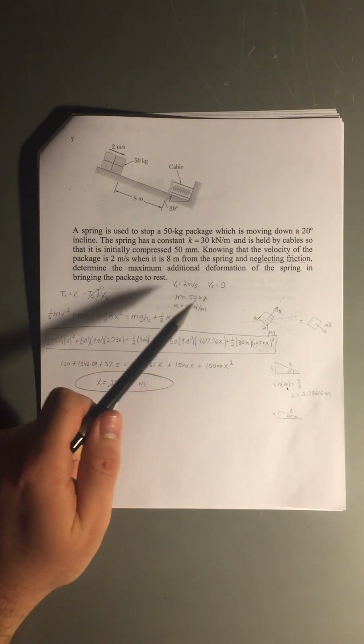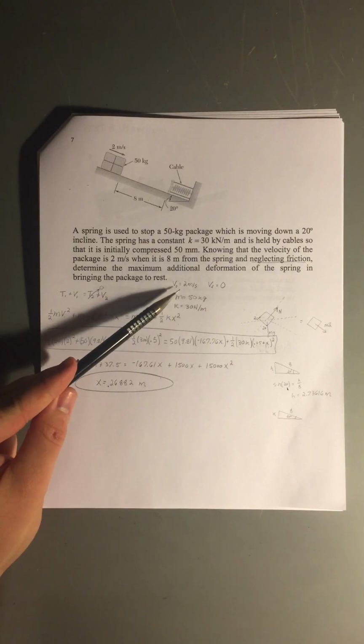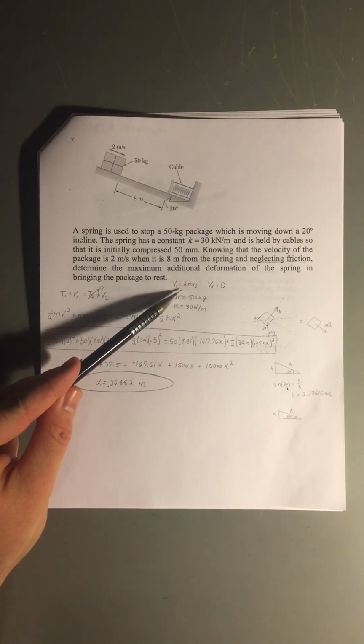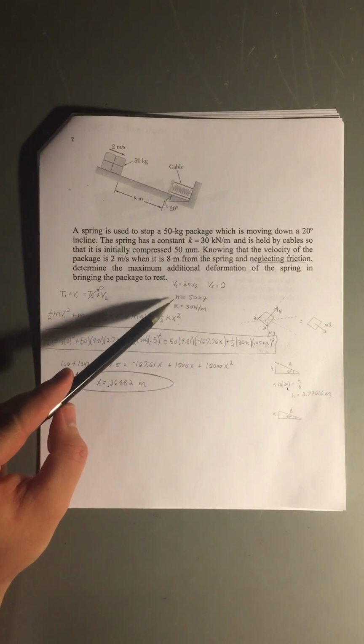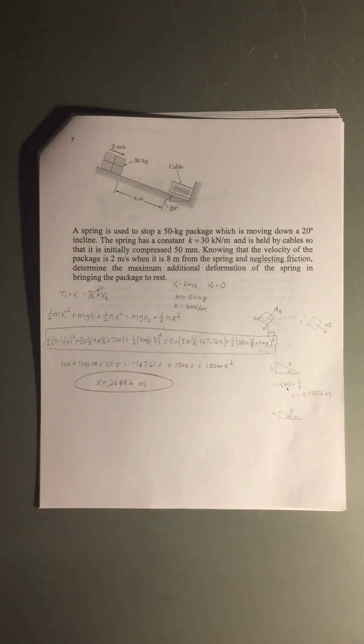The problem gave us quite a bit of information. It told us the initial velocity, so the kinetic energy here will not be 0. And then it also gave us the mass and the spring constant. And so taking this equation and breaking it down, before at position 1, this is the kinetic energy, and then there are 2 potential energies acting on the package at 1.